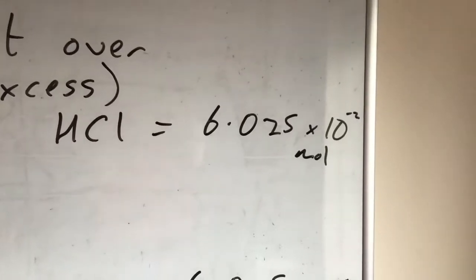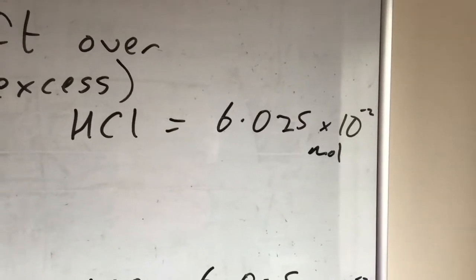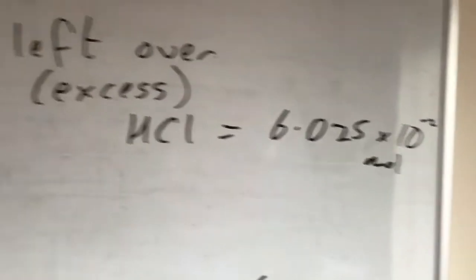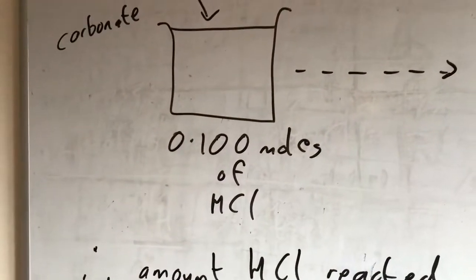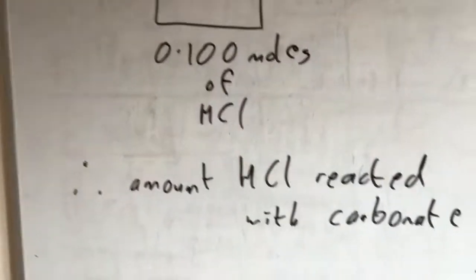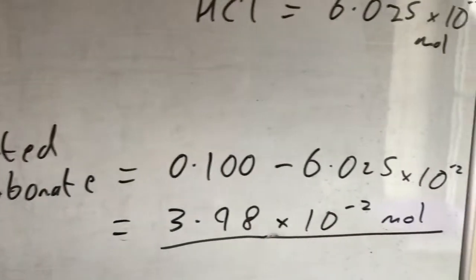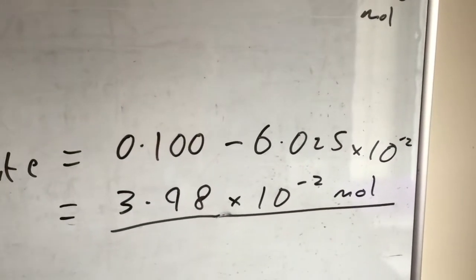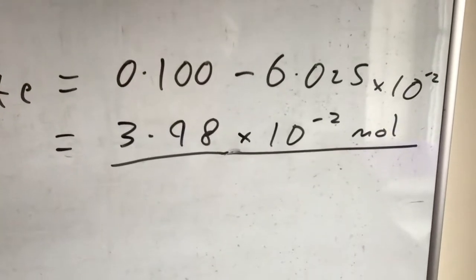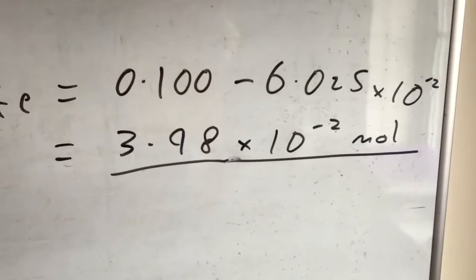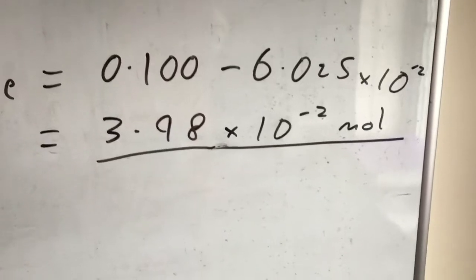We know that from the titration. So if this much was left over, and you started with this much, how much actually reacted with the carbonate? Well, it must be the difference between the two numbers. And the answer to part J is 3.98 times 10 to the minus 2 moles.